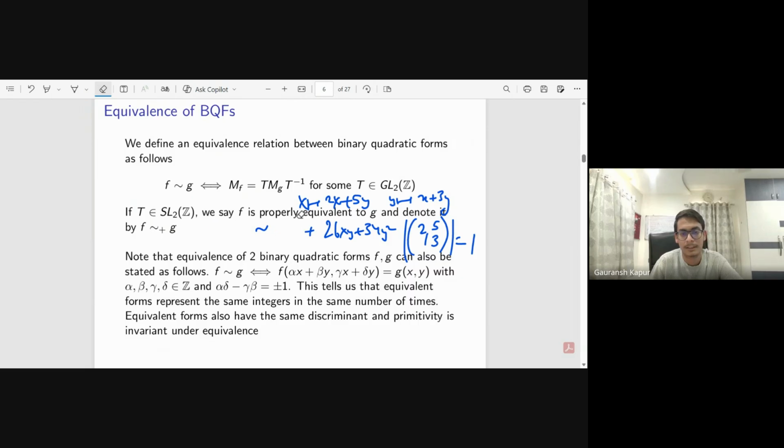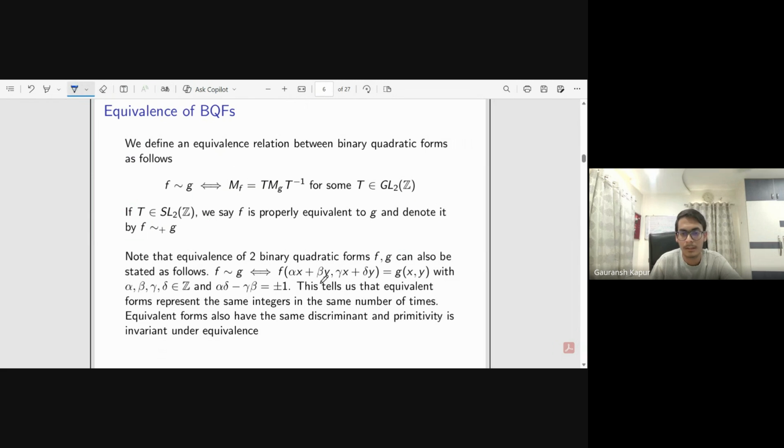And as I said above, in this example the equivalence can also be restated like this. We say F is equivalent to G if and only if G can be obtained from F via a linear change of variables, so this is saying that F of alpha x plus beta y comma gamma x plus delta y is G of x y, with alpha, beta, gamma, delta integers and the determinant of this is plus or minus 1.